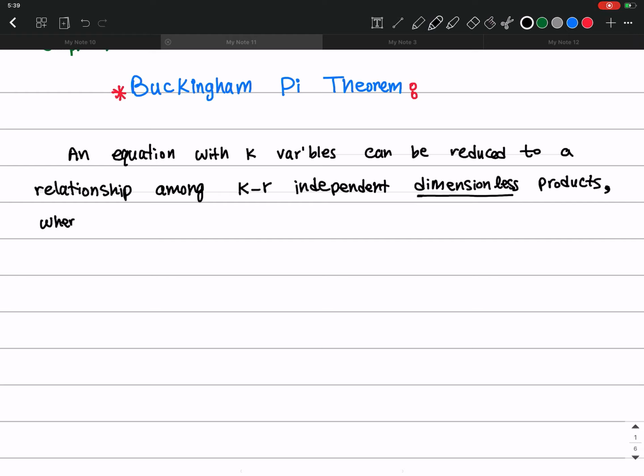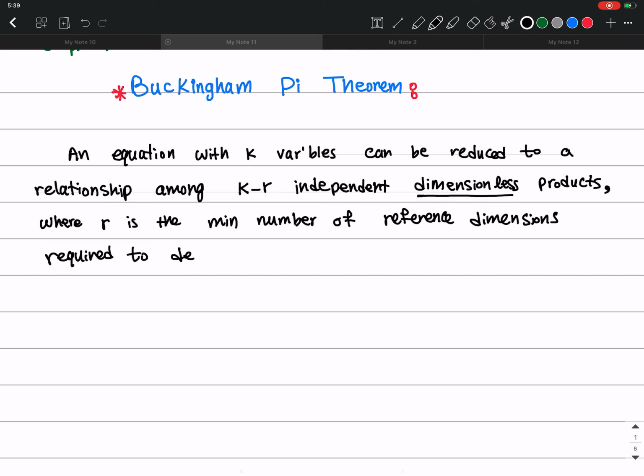where R is the minimum number of, let me write it this way, minimum number of reference dimensions required to describe the variables.